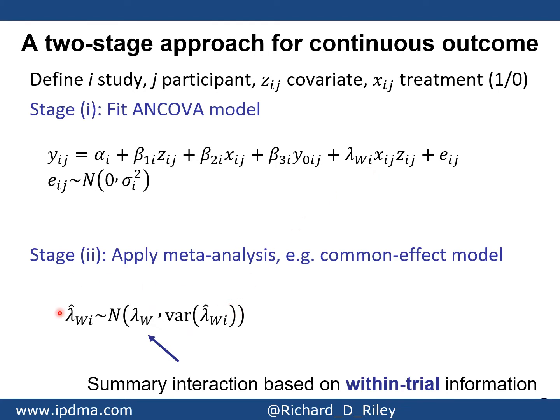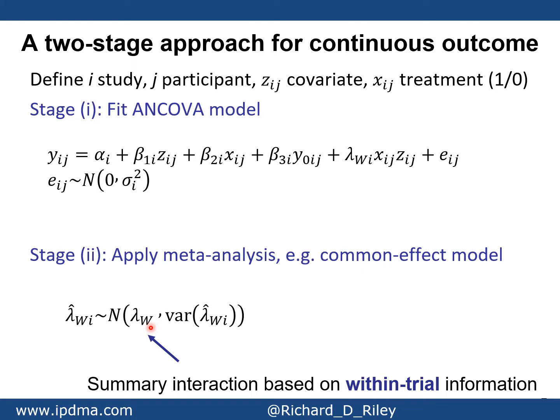And if you fitted this model, you get a weighted average of the interaction estimates. W is denoting here that this is an interaction based on within trial information. We're just using information within each trial separately at the patient level to make inferences. Sometimes people, in my opinion wrongly, also use across trial information and look at relationships between, let's say, mean age and average treatment effect, or proportion male and average treatment effect.